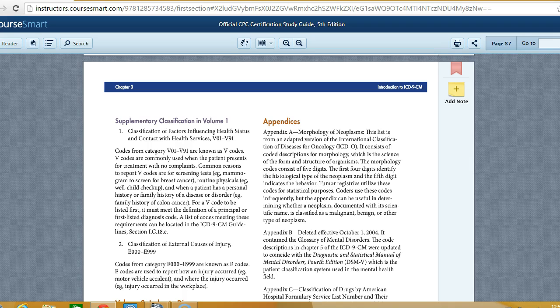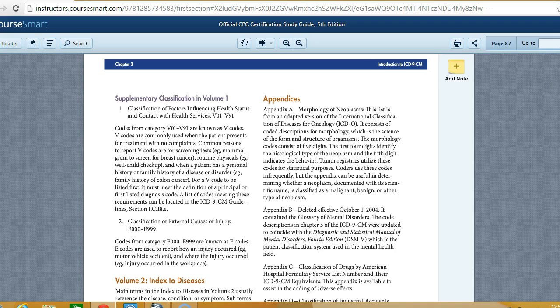So when you are coding 800 and 900 codes, you have to append an E code to it to make sure that the insurance company knows what happened to the patient. How did they get that injury? Because that is what an E code does. It tells how the injury occurred, where it occurred, were they at work or were they not at work. That is what an E code does.